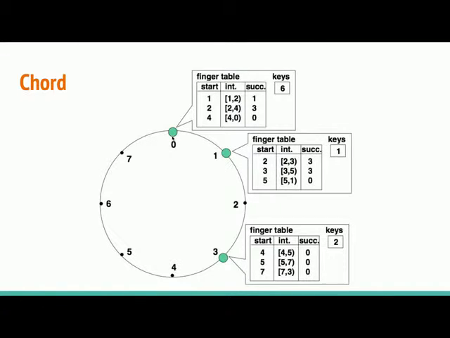8 is 2 to the power of 3. Therefore, you have only 3 items in here. So this, as you can see, means, because this is 0, for data 1, it's held by 1.